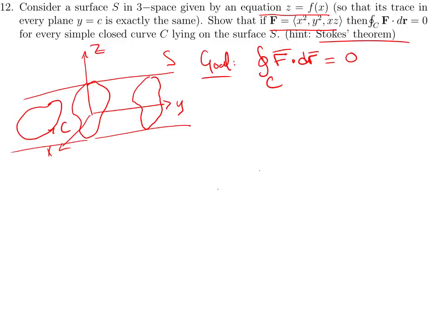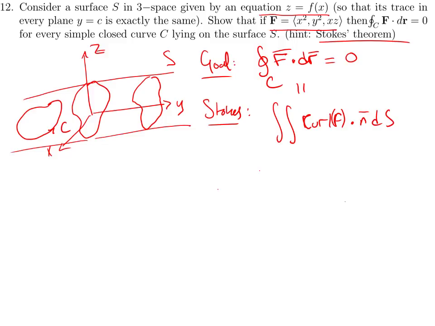So let's do that. Stokes' theorem says that this integral is equal to the flux integral of the curl of the vector field f across the interior of such a curve, or across any surface that has this curve as a boundary. So we have to choose a surface with C as a boundary.